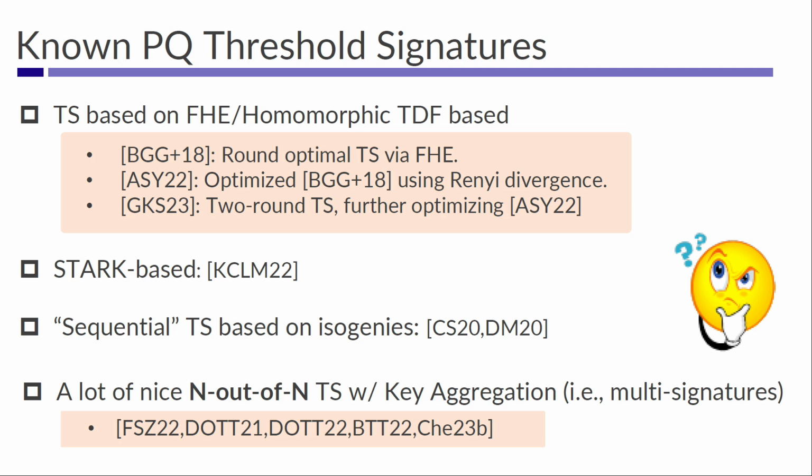And there are a lot of nice works that do N out of N threshold signatures with key aggregation, typically called multi-signatures in the literature. But they do not really work for T out of N in the normal threshold setting. So this is where we stand. We don't have a very practical working threshold signature scheme for lattices.